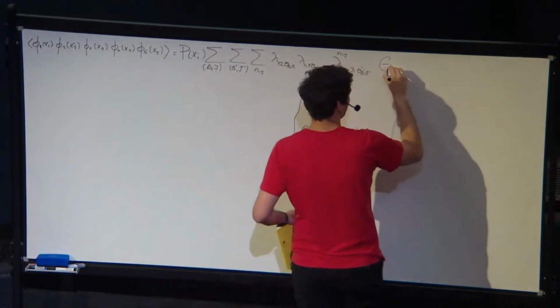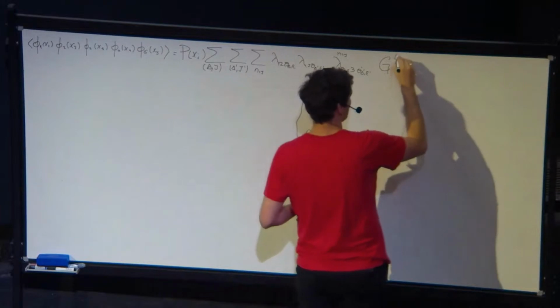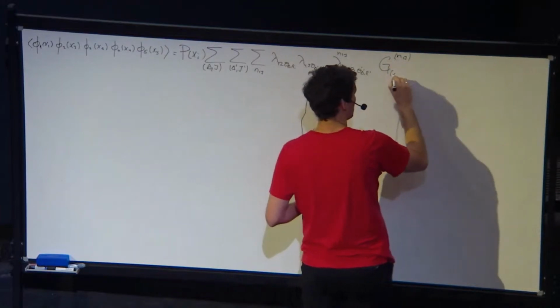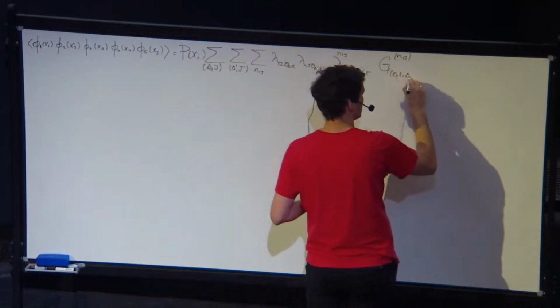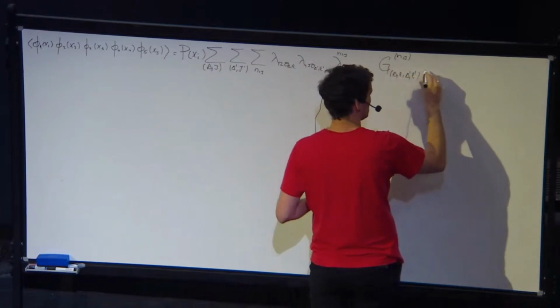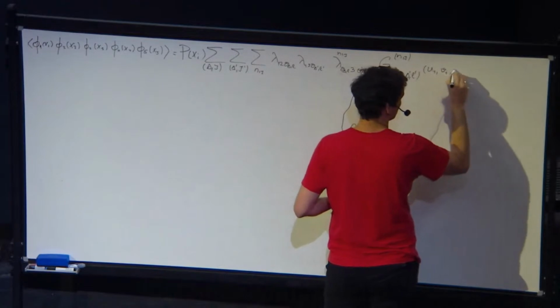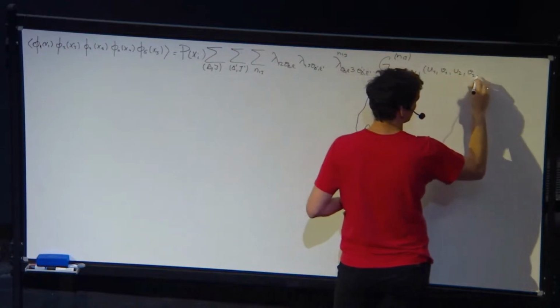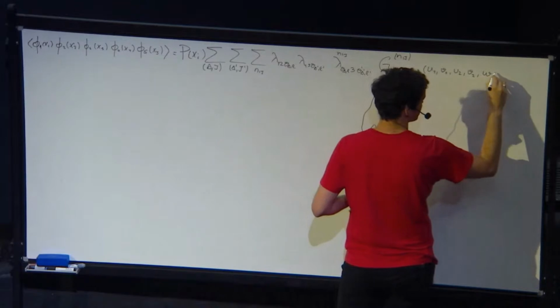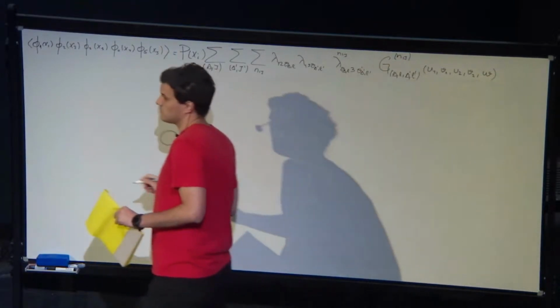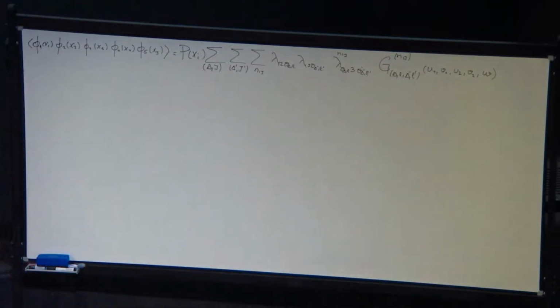And then we have 5-point conformal blocks. I should say that everything I say today will be true in d greater than 2.